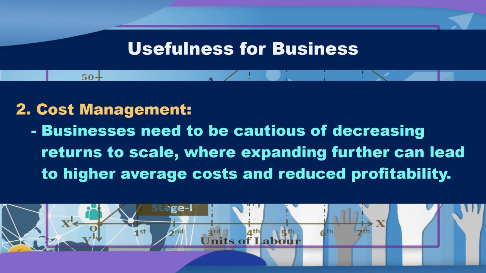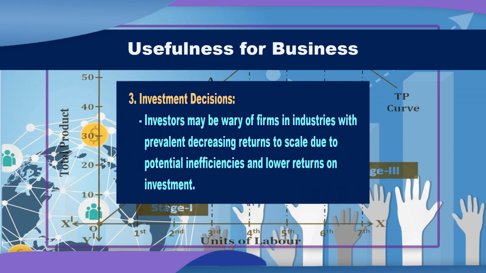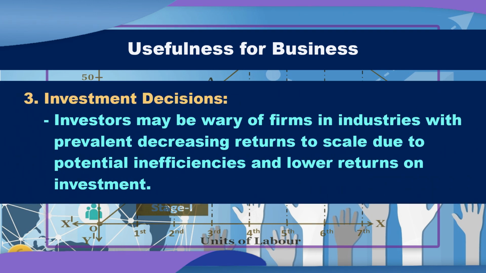Looking at investment decisions for a business, knowledge of returns to scale influences capital investment decisions. Companies with increasing returns might attract more investment due to higher expected returns. Investors may be wary of firms in industries with prevalent decreasing returns to scale due to potential inefficiencies and lower returns on their investments.